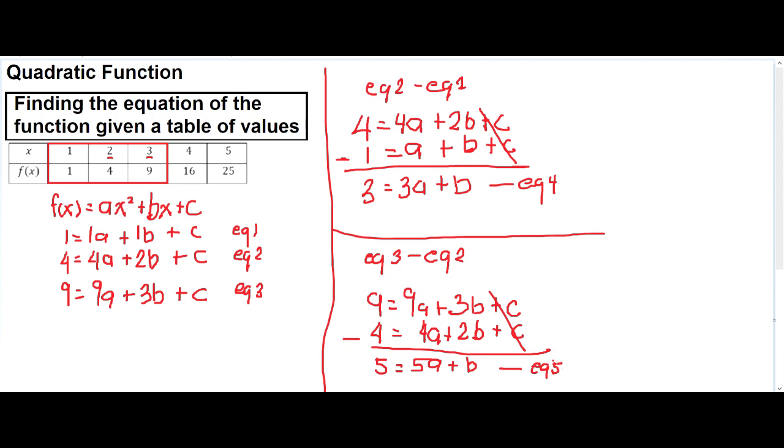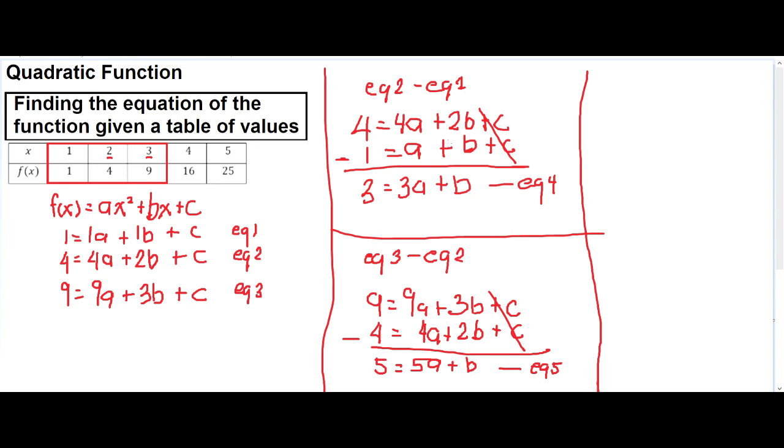Ngayon, after na equation 4 at equation 5, nakuha mo na silang dalawa. What are you going to do next? Find the value of a using equation 4 and equation 5. Basically, itong dalawang ito, same process din, isusubtract mo sila para ma-eliminate yung b.